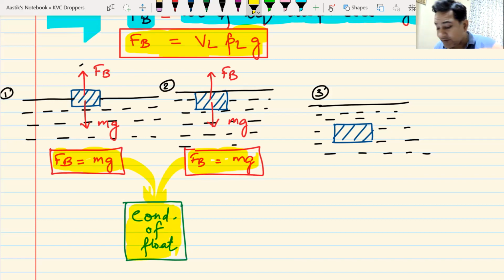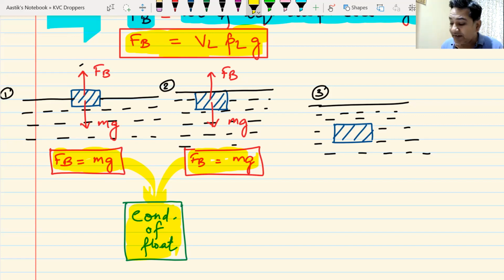But there is a subtle difference here. In case number 1, it is floating, but some part of the body is outside the liquid. In the second case, it is still floating, but the entire body is inside the liquid.